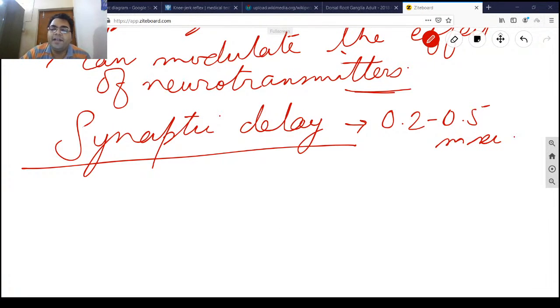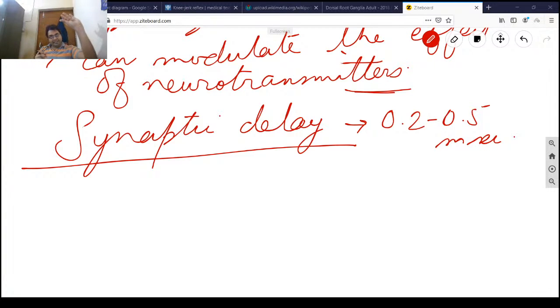What is synaptic delay? It is a delay that occurs between the arrival of the action potential at the axon terminal, or synaptic end bulb, or telodendria, or varicosity, and the effect on the postsynaptic membrane.